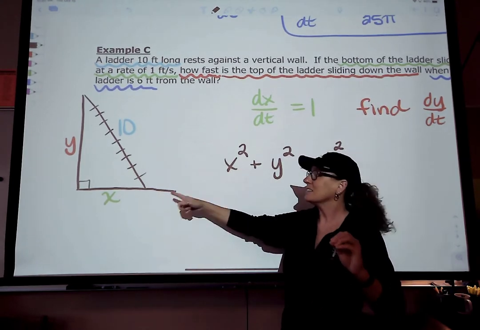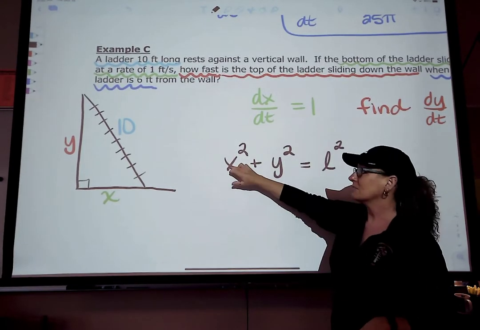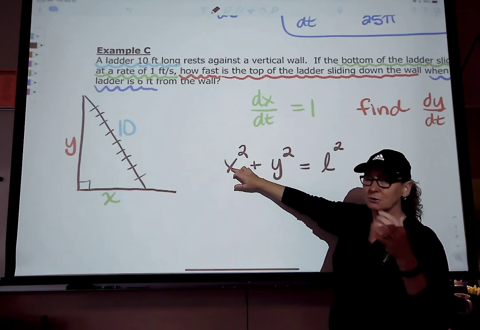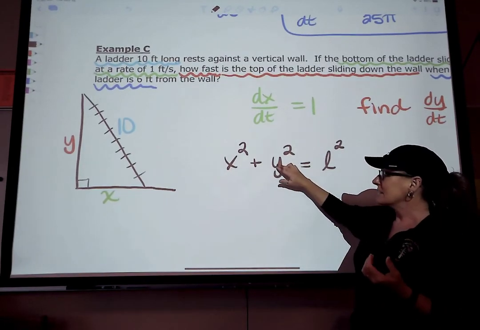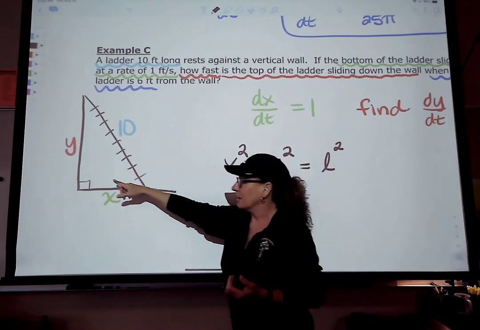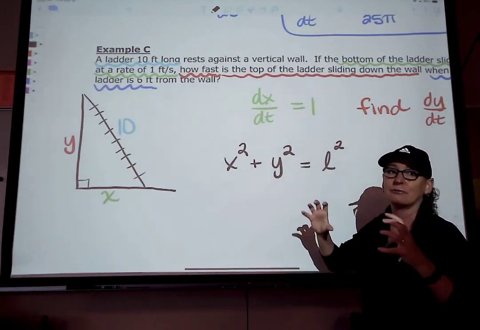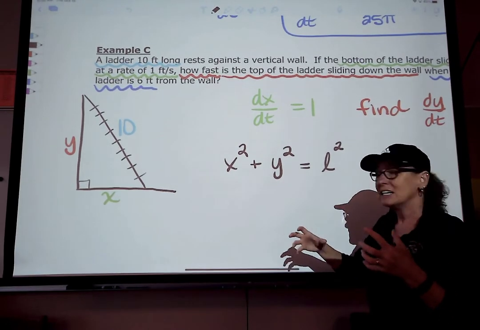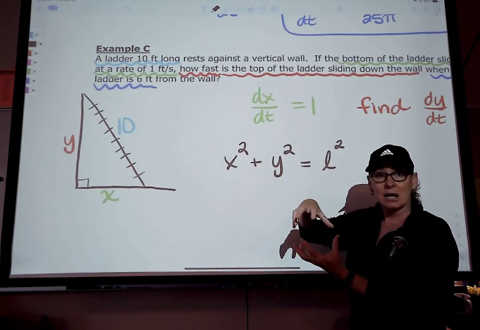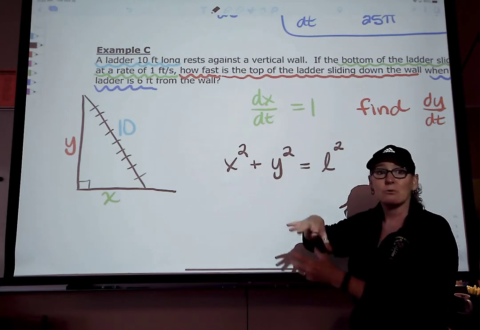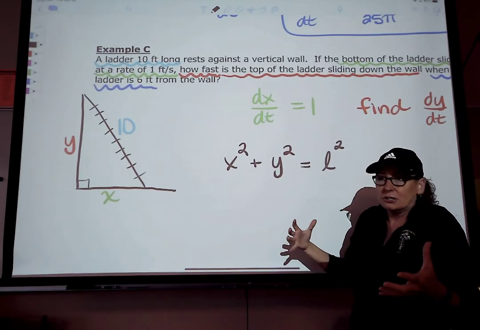Wrong. This length is definitely changing. Is this length changing? Oh, heck yeah, it's changing. I'm not allowed to sub in any numbers for y before I do a derivative. If I did, it locks that value in, and I'm saying that it's going to stay that way throughout my entire problem. It's not true.